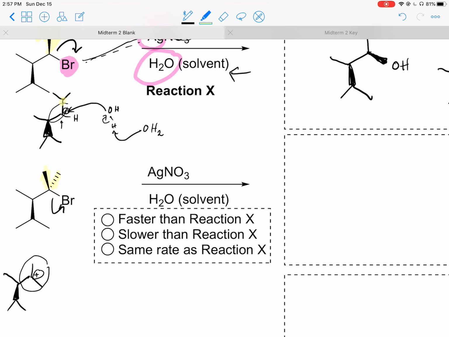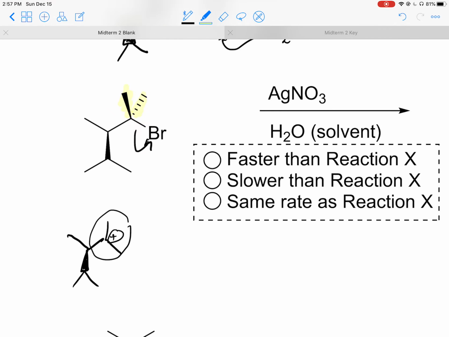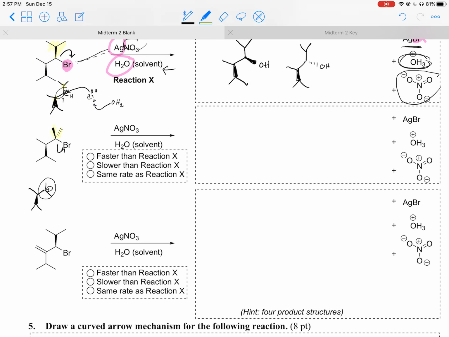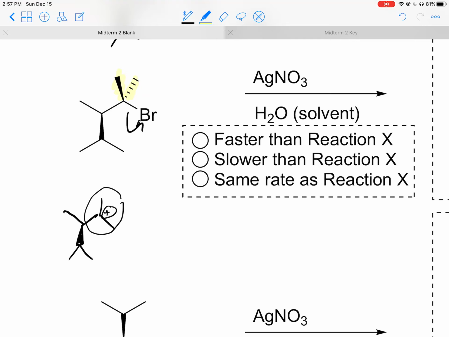It had the isopropyl group and it had this other, I guess, is that sec-butyl? I don't know. It's 4 carbons attached to it. But anyways, so it had 2 different hydrocarbon groups versus this one has 3 for the carbocation.